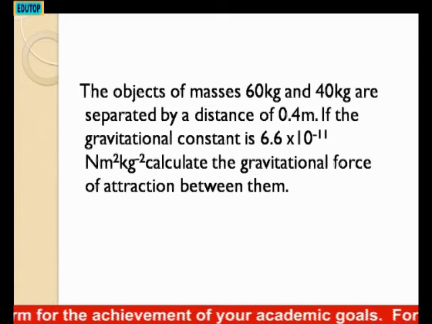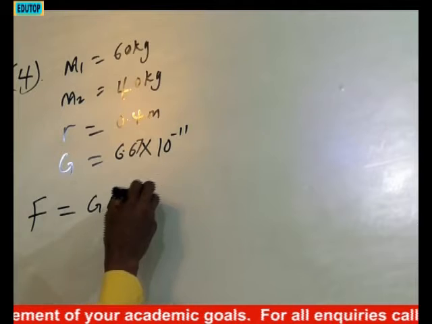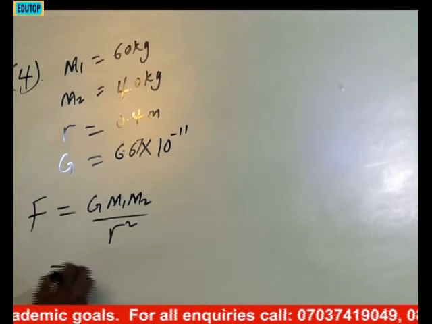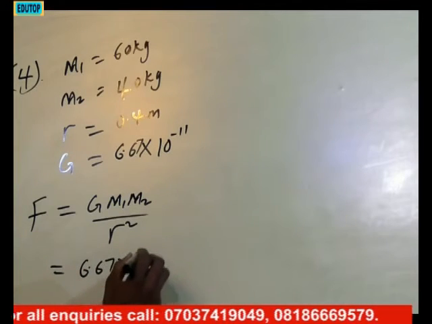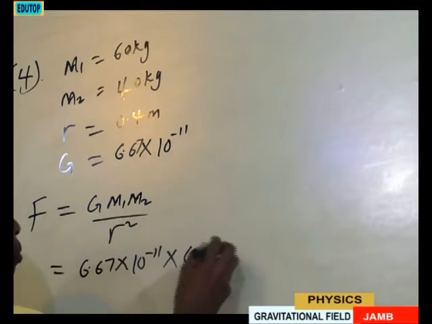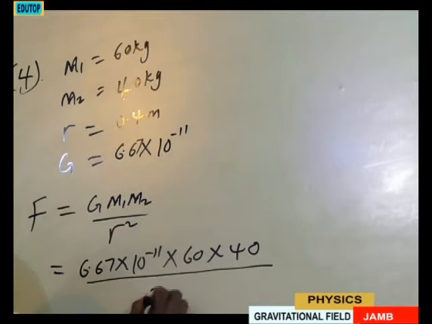Then the force will be equal to G M1 M2 over R squared, which is equal to 6.67 times 10 raised to the power minus 11 times 60 times 40, divided by 0.4 squared.